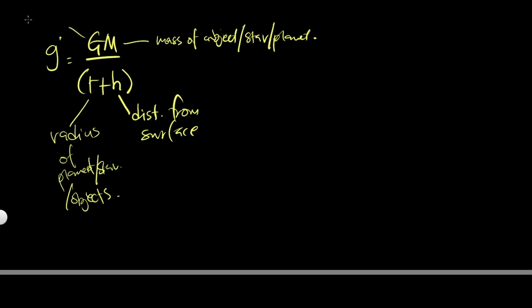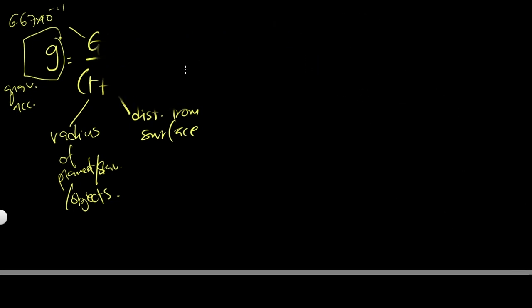G is the gravitational constant, 6.67, and g is the gravitational acceleration. So we look into how to apply this formula in our calculation.